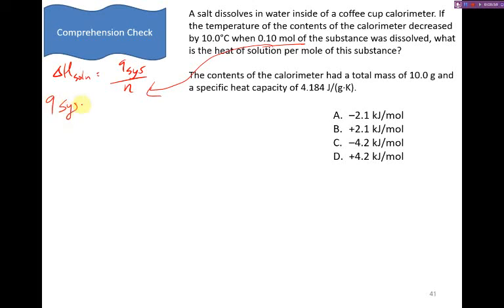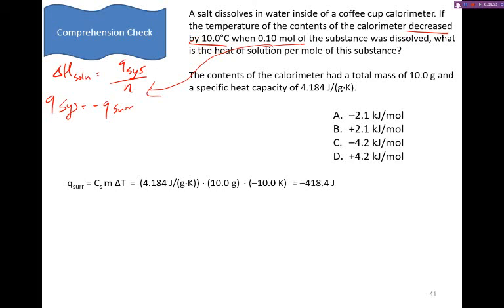Q of the system is equal to negative Q of the surroundings. And Q of the surroundings is equal to the specific heat times the mass and the temperature change. So our specific heat is 4.184 joules per gram degree Kelvin, and 10 grams, and then a change of 10 degrees. And it's decreased, therefore it's going to be negative 10.